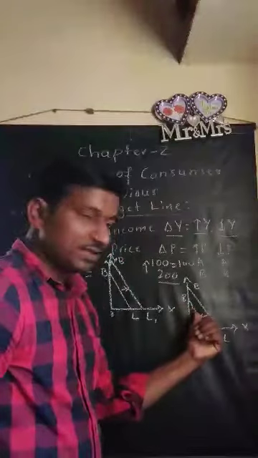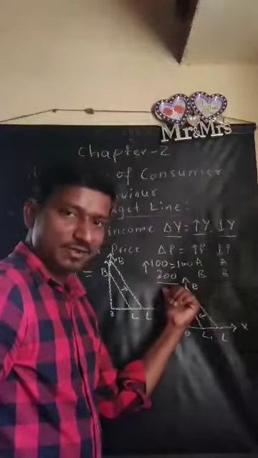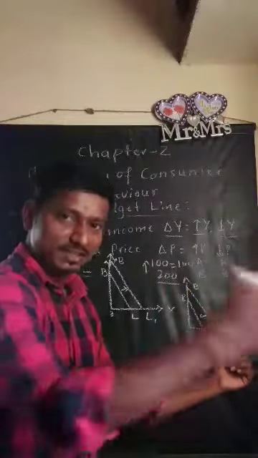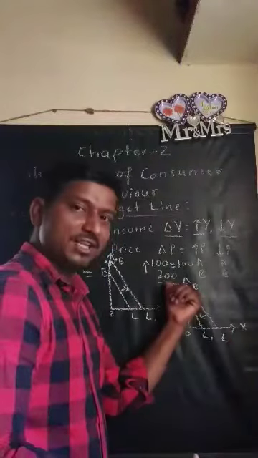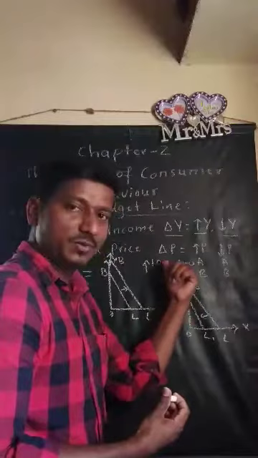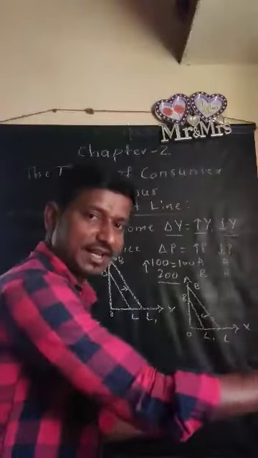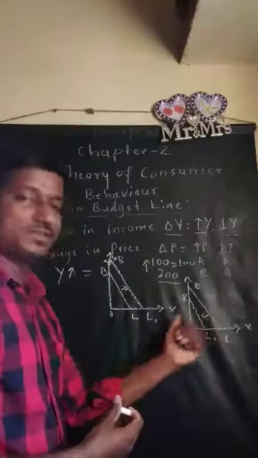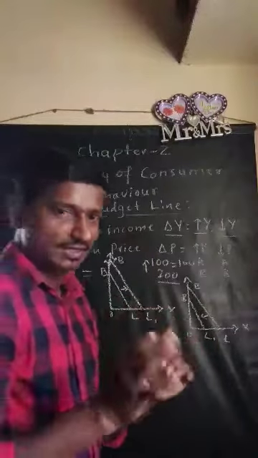Hope you are clear. When income was 200, the budget line was on the right side earlier. Due to reduction in the income of the consumer, from 200 to 100, the budget line is going to shift from right side to left side. So hope you are clear on this one.